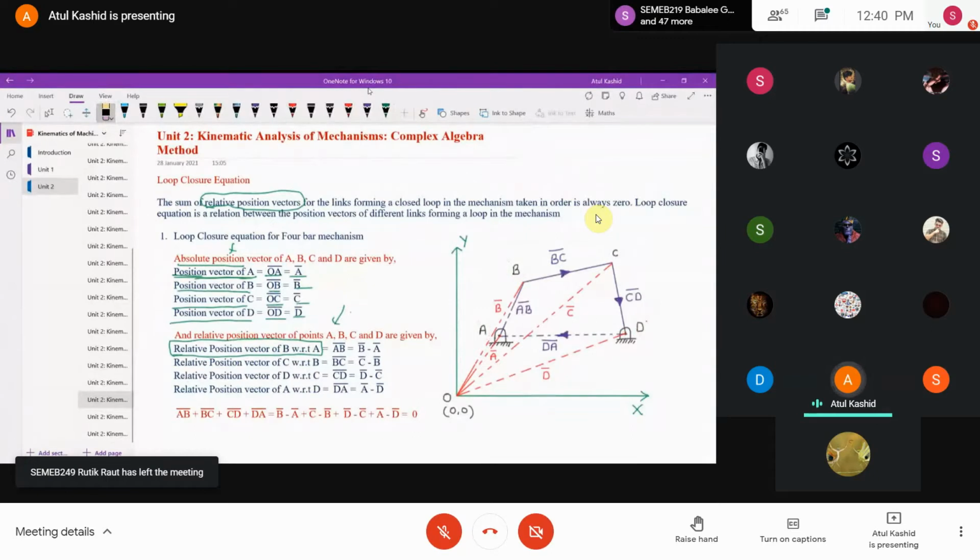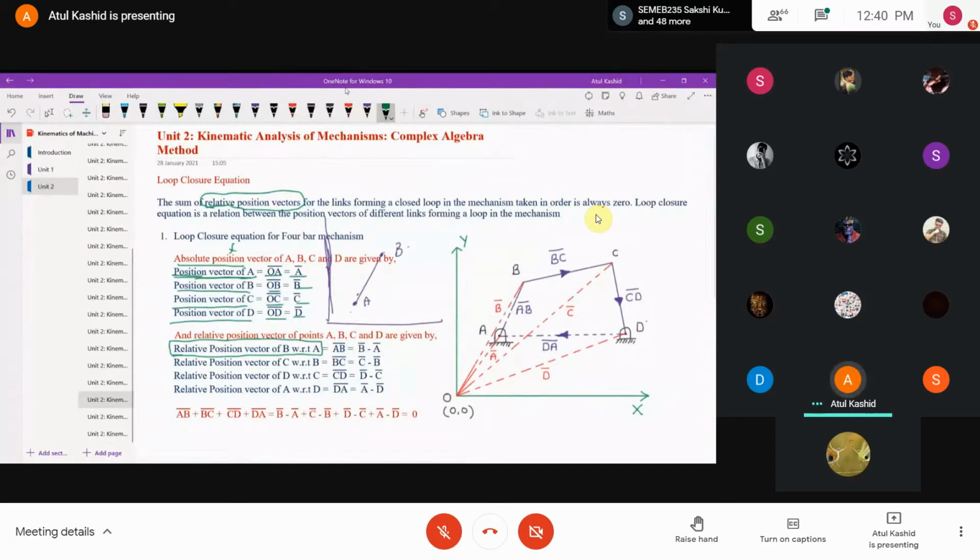So again, I will try to draw the coordinate system, and in that coordinate system, I'm going to show my AB bar, because I want the relative position of the vector B with respect to A, that is given by AB. So this is point A, this is point B, right?